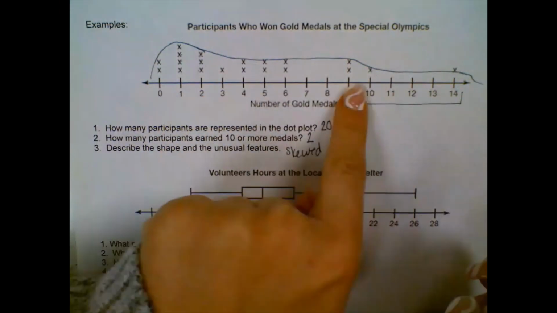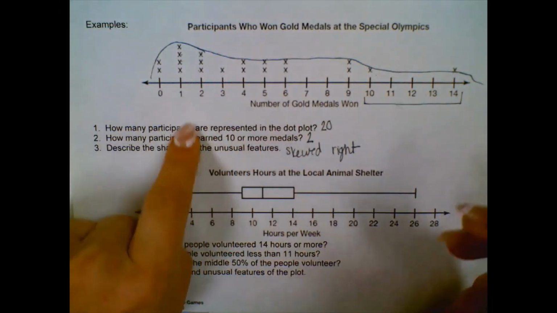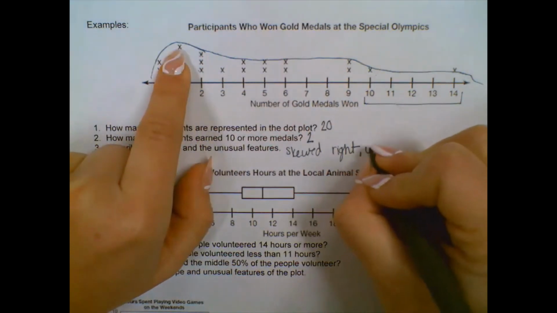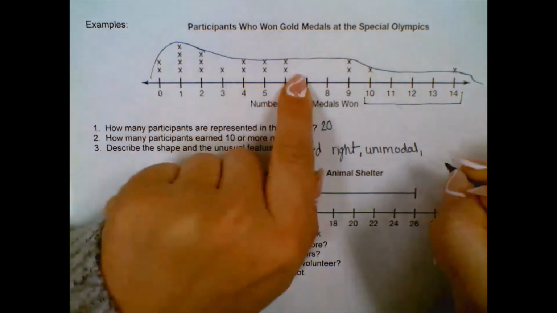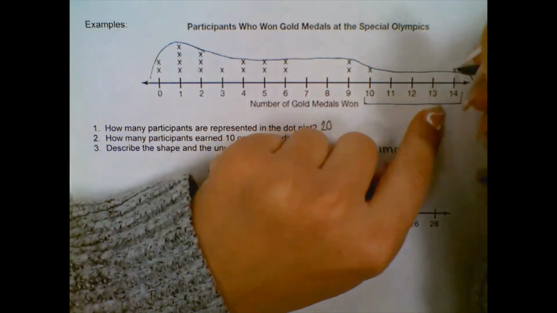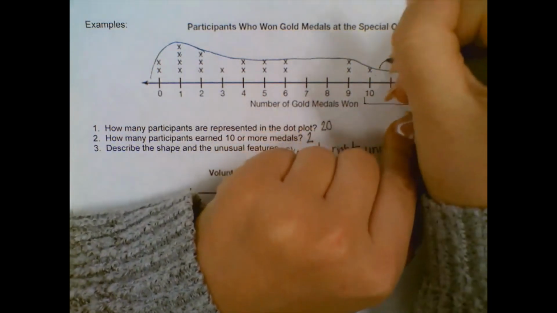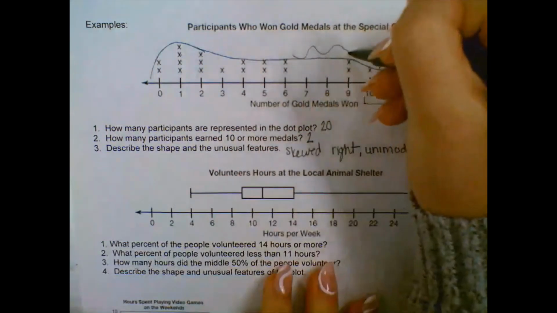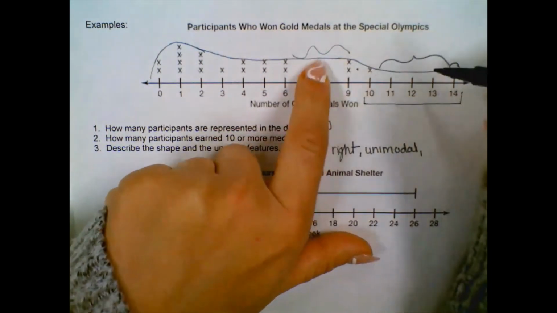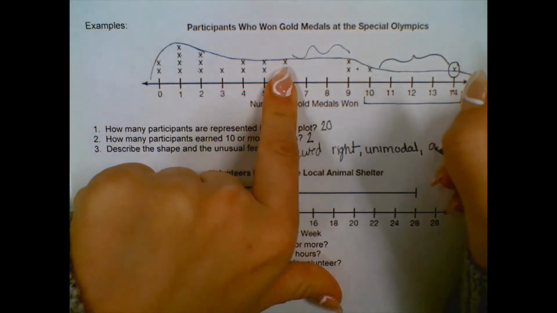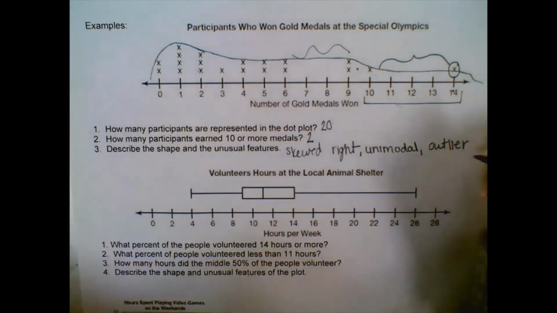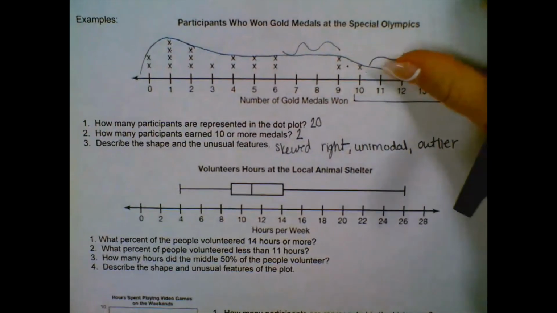I'm looking for how many peaks I have, and I only have one main peak, so we would describe this as unimodal. And then I have these gaps, but because this one is way out here and I have two huge gaps between, even though I have a little bit of data here, I have still these two huge gaps. 14 would be considered an outlier. So I'm going to say outlier, and that kind of also explains that there are some gaps.